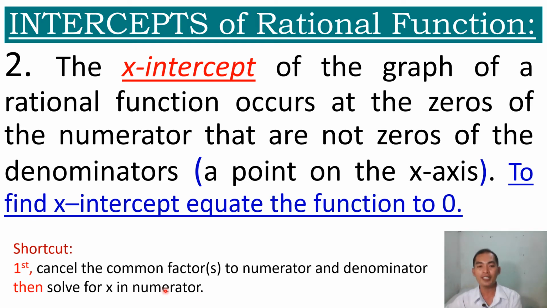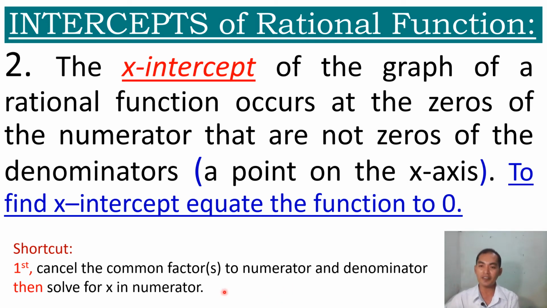So, therefore, the value of the x-intercept is negative 3. Why? Because yung x plus 3, equate mo sa 0, then transpose the constant term to the other side, maging x equals negative 3. Or, you can write the x-intercept as coordinate. We have the coordinate (negative 3, 0).